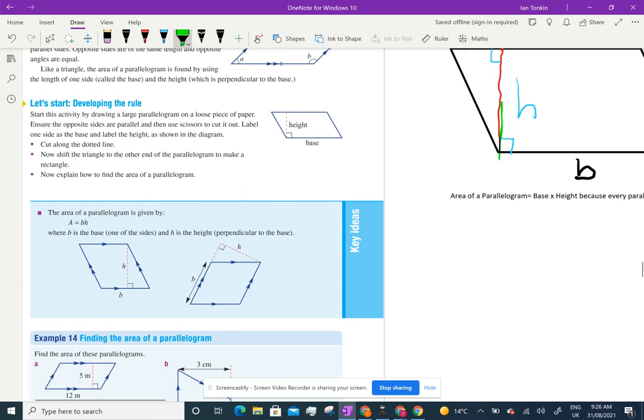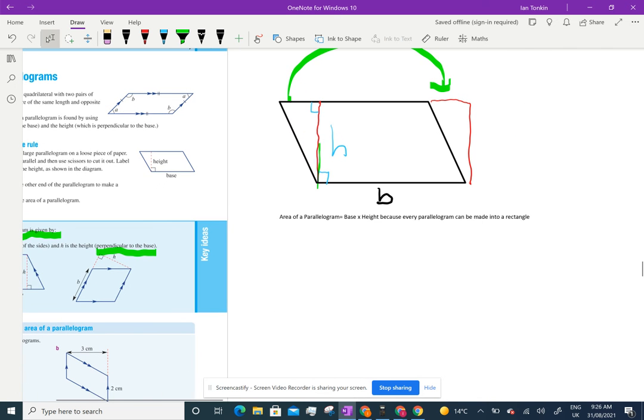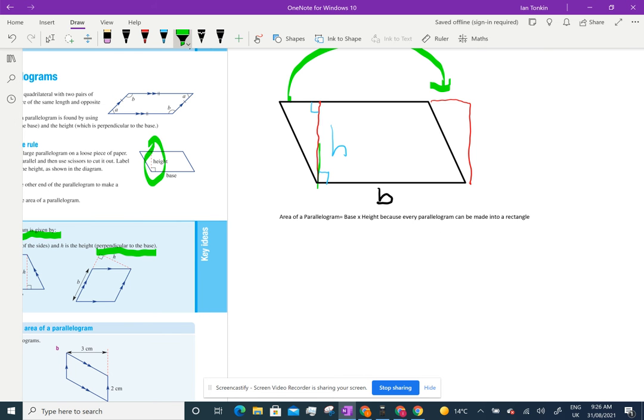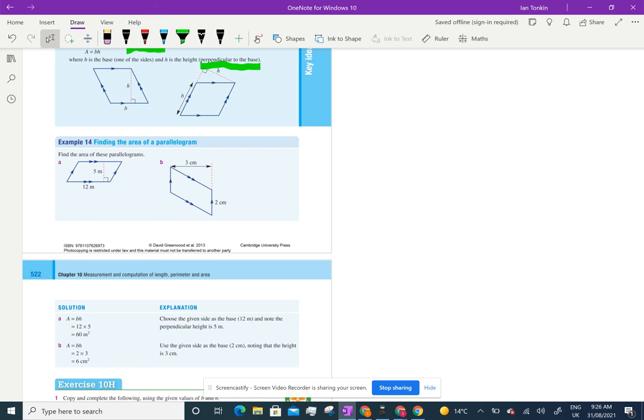And you can see here, they've written it down here, base times height, where it's the perpendicular height. You must always look for the little square that indicates that it's perpendicular height. So down here. All right. Once you know that, it's easy. And sometimes, look here, the height can be outside the parallelogram.